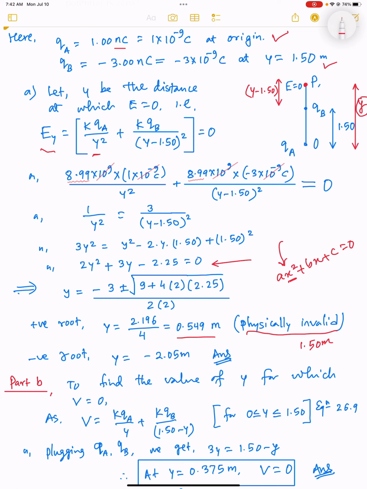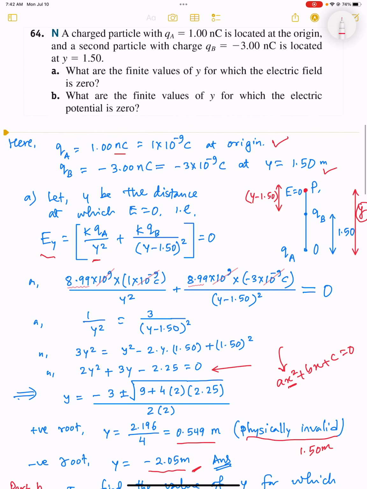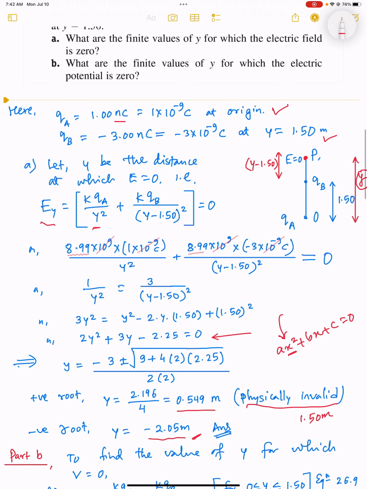So you can take the other root, and you will get y equals 2.05 meter, which is the required value for y. Obviously the distance is positive 2.05 meter, which is the finite value of y for which the electric field is 0.